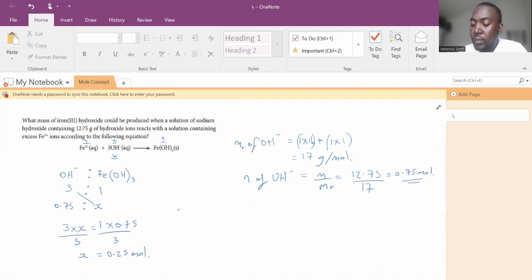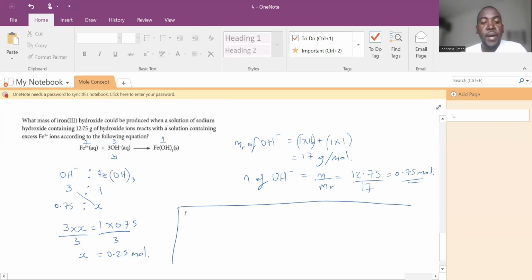Now, we're still not finished because we need to know the mass of it, not the mole. So we know that mass again is equal to mole times molar mass. So therefore, we need to find the molar mass of Fe(OH)3, which would be Fe has a mass number of 56, and it's 1 of it, plus 3 times oxygen, which is 16, plus 3 times hydrogen, which is 1.